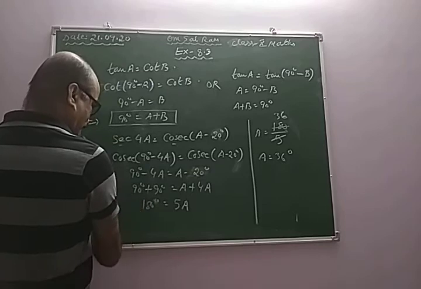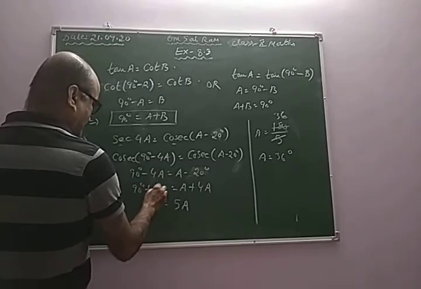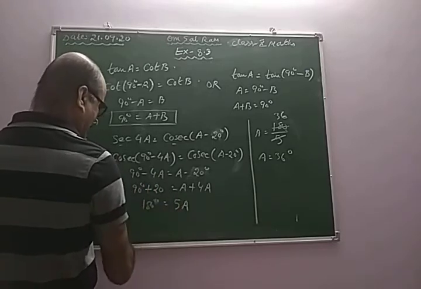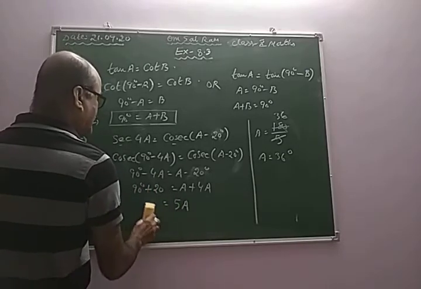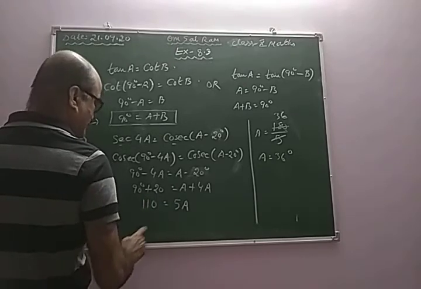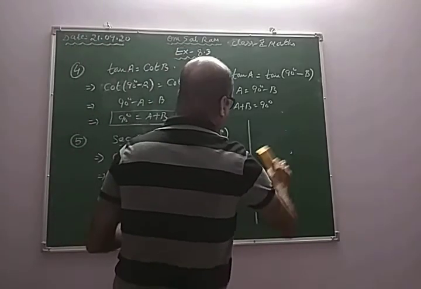So 90 plus 20 is equal to 4A plus A. So that is 90 plus 20, that is 110, right? So 5A is equal to 110.